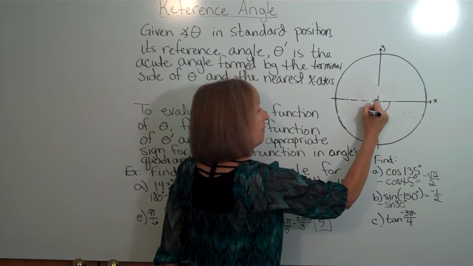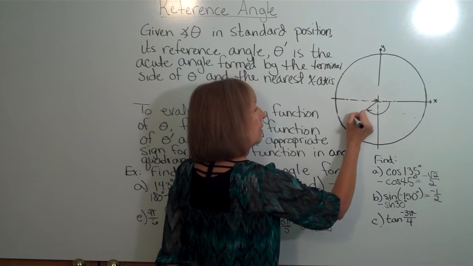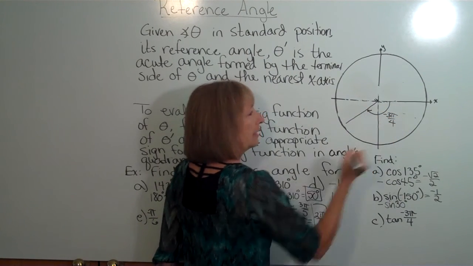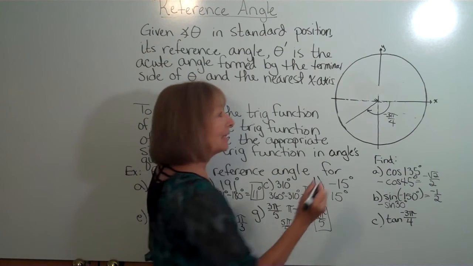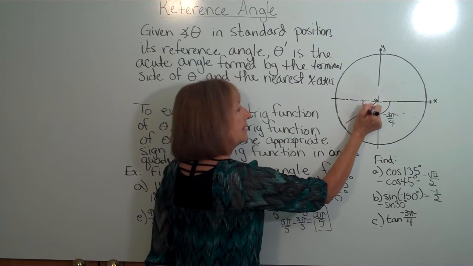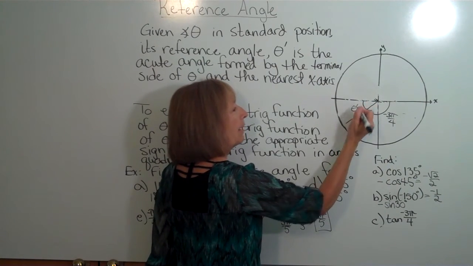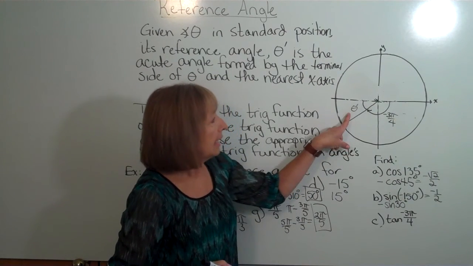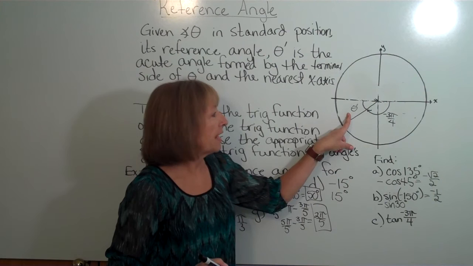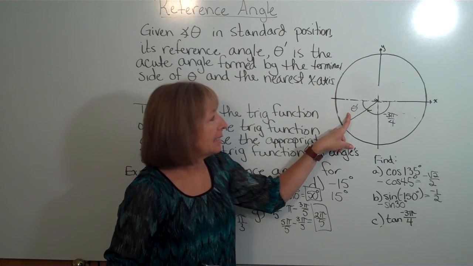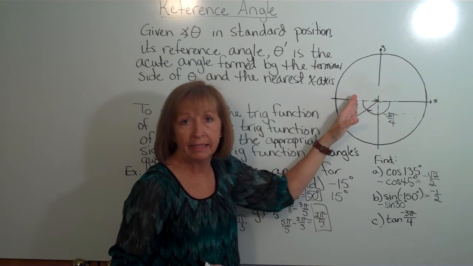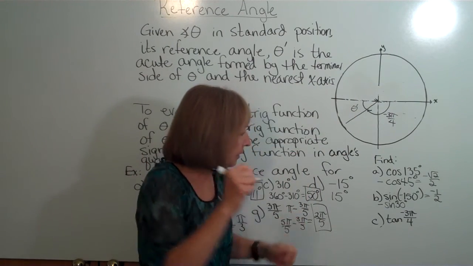So my negative 3 pi over 4 is here. The nearest x-axis is where I draw my reference angle theta prime. And for theta prime, that is just a pi over 4 shy of being halfway around.